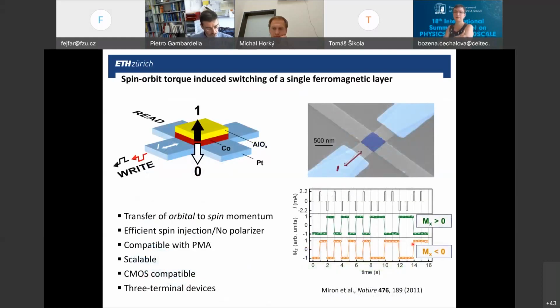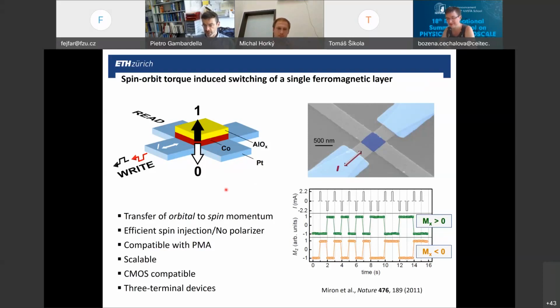So here I wanted to show some applications of this. Now my time is almost over, so I'll go very quickly about this. One can, by exploiting current injection in a heavy metal layer, which has a strong spin orbit coupling and therefore produces a large spin Hall effect as well as large Rashba-Edelstein interfacial effects, exploit this interfacial spin accumulation to generate a spin torque.